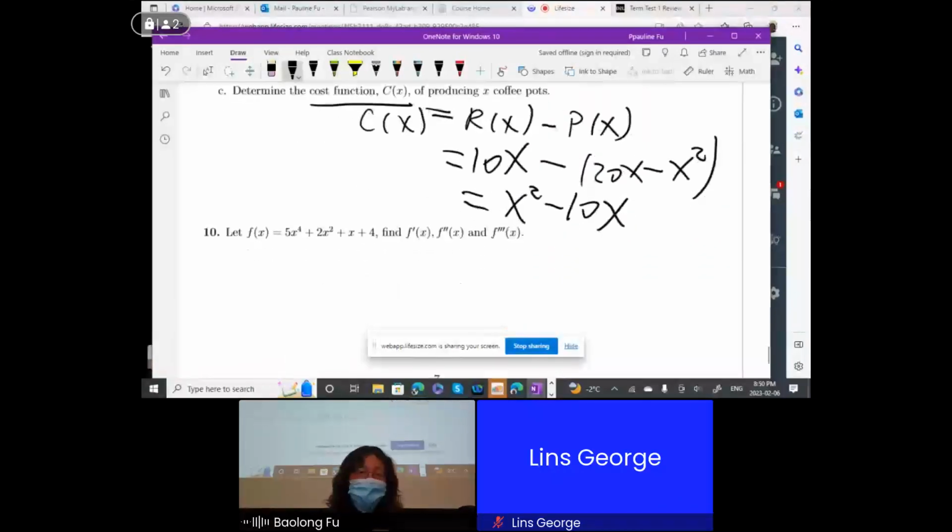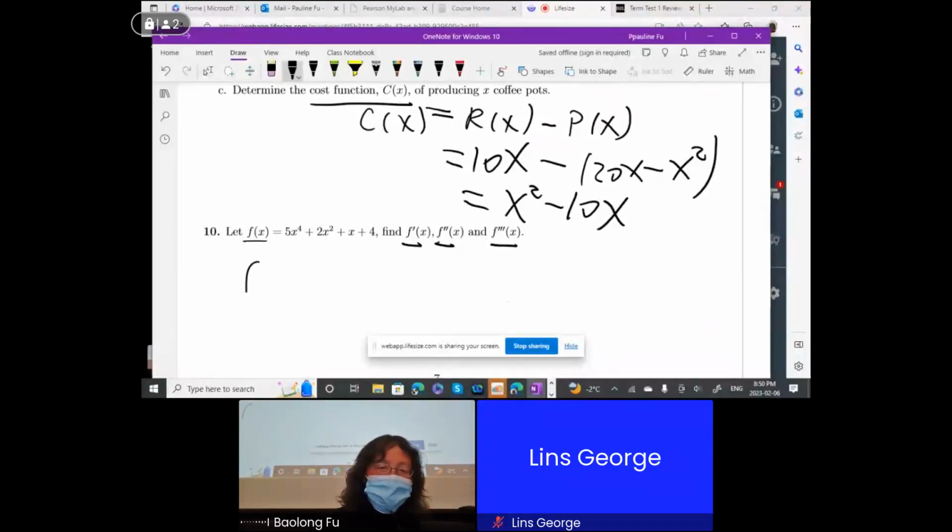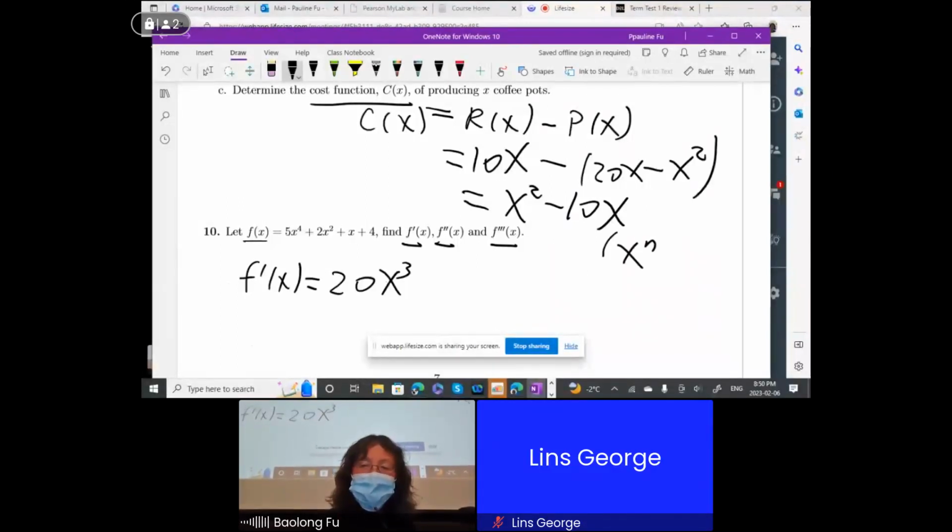Question 10. You have f(x), find the first derivative, second derivative, third derivative. So the fourth derivative, 20x squared. Apply this formula, the derivative of x^n is n x^(n-1).